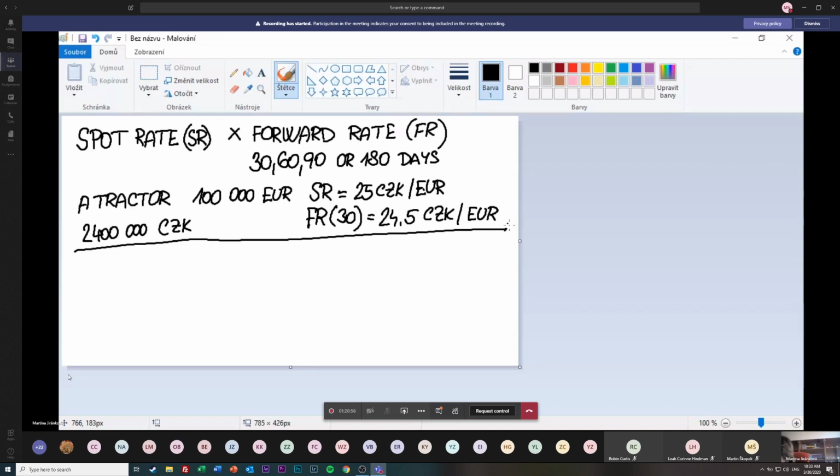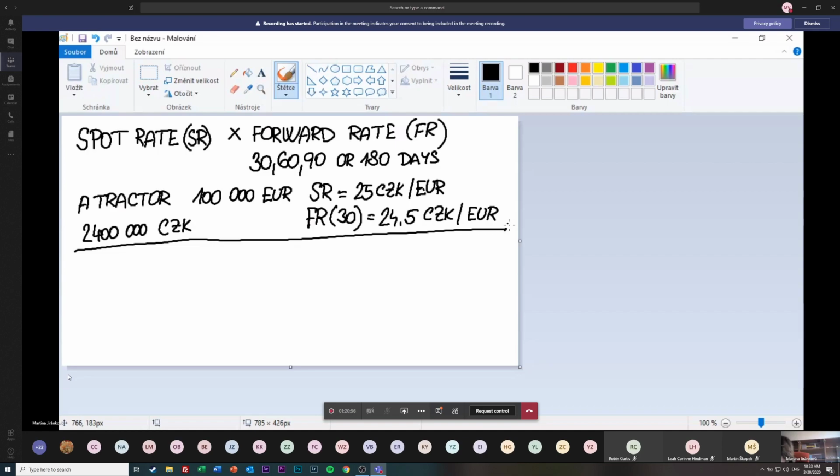So let's have today, it's 30th of April. In 30 days, I will get 100,000 euros, and I go to the currency market. Imagine the spot rate is again 25.